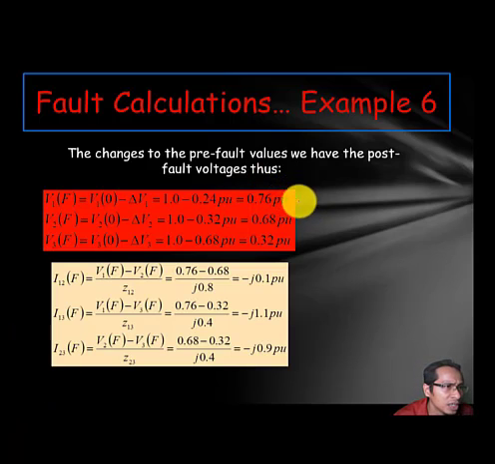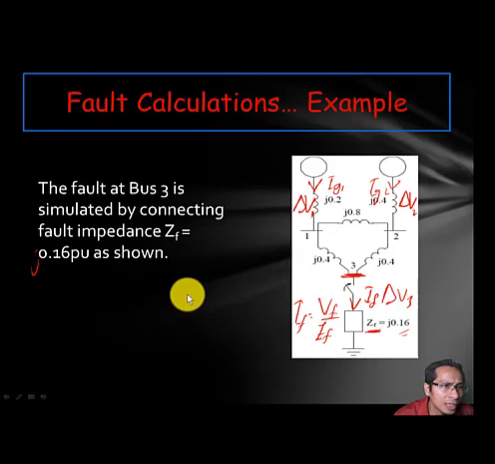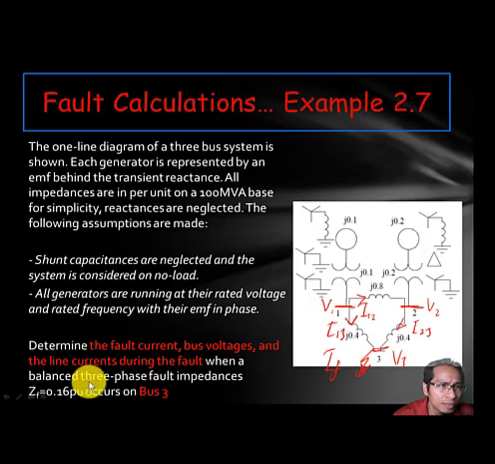Okay, so the last question is to calculate the line currents during faults. So line currents, the current flowing in this line.